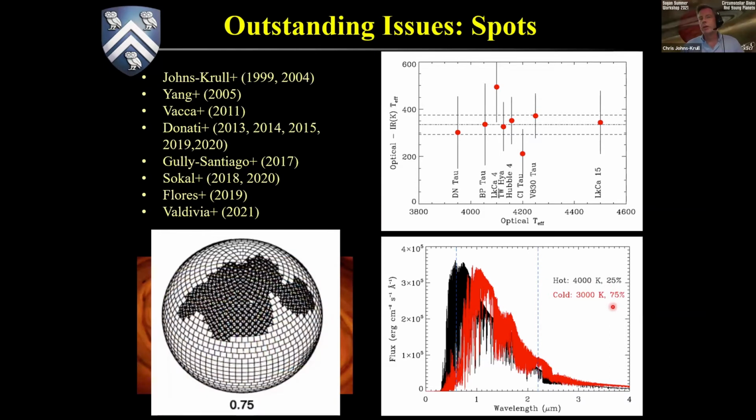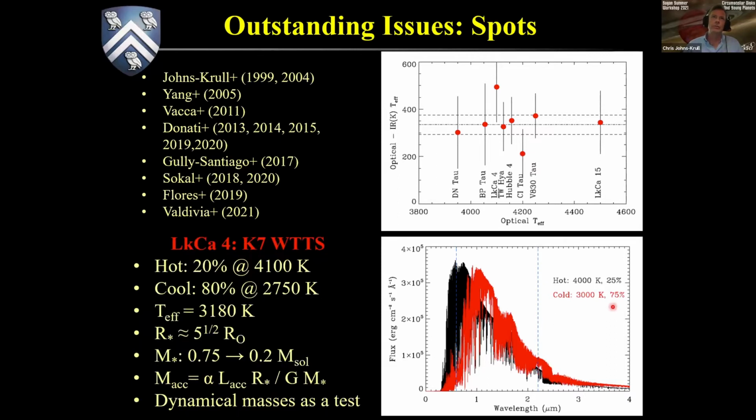But we do know from Doppler imaging studies and other studies that these stars have, in some cases, very, very large spots on them. In fact, maybe the poster child for this is a study that Gully Santiago did in 2017 on Lit Calcium-4, where they came up with 20% of the star at 4100 Kelvin, 80% at 2750 Kelvin.